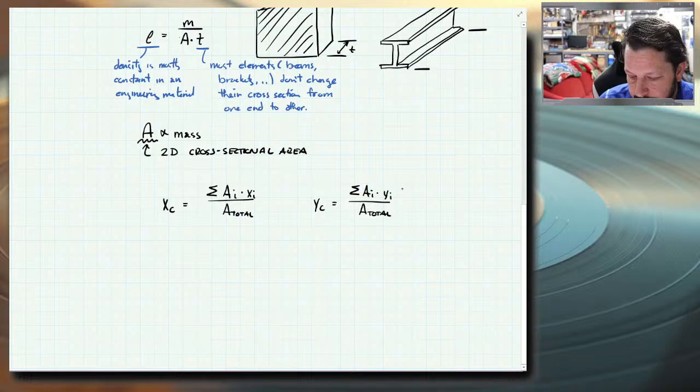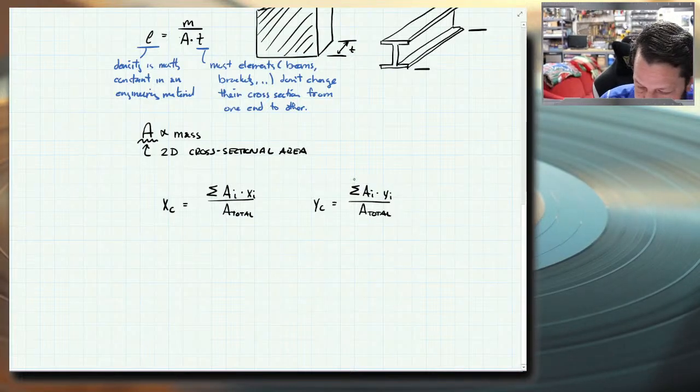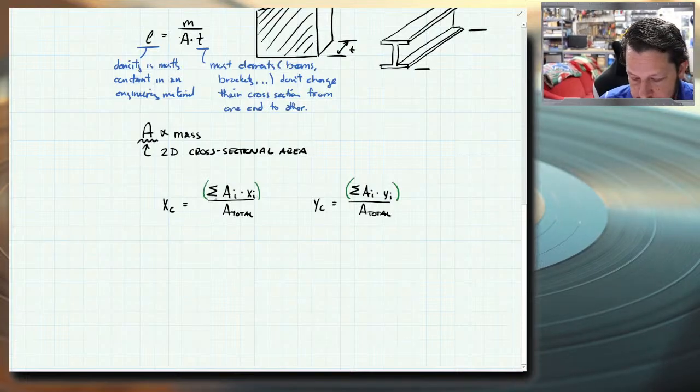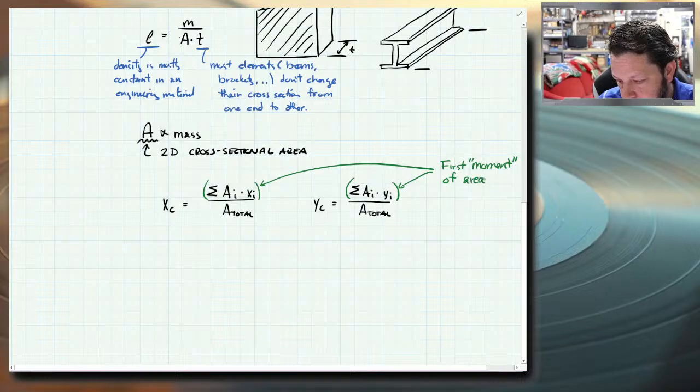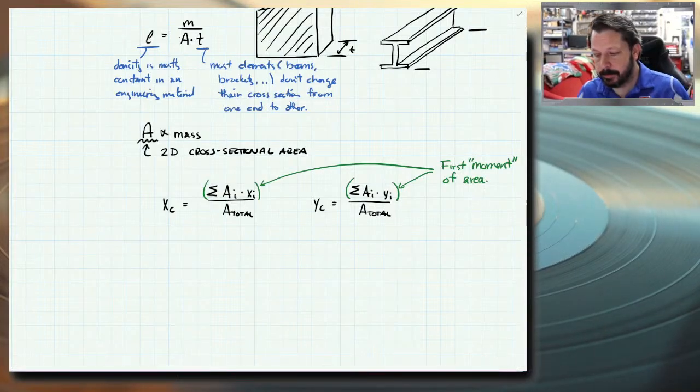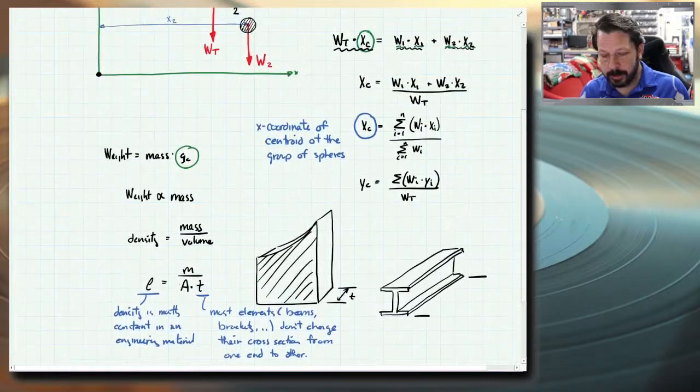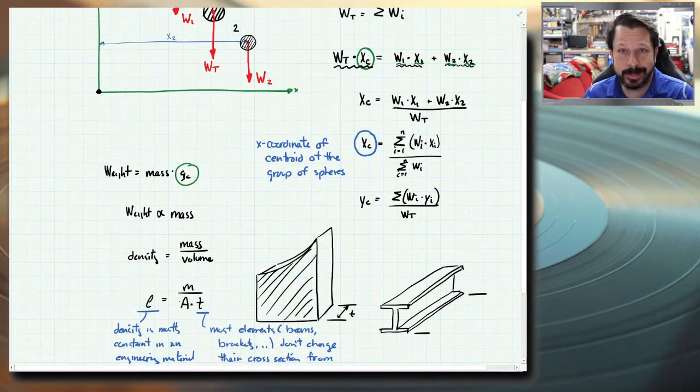This numerator has a specific name. In either case, it's the same name, whether it's the x or y. These things are called the first, and they do use the word moment, of area. And it's moment because where it's coming from, this numerator originally was a force or a weight times a distance, which really would be a moment.